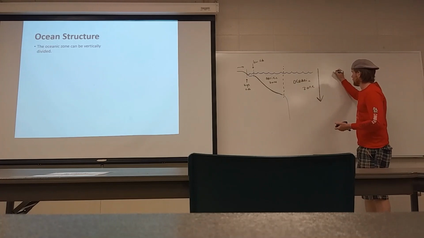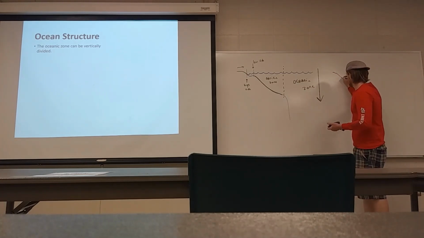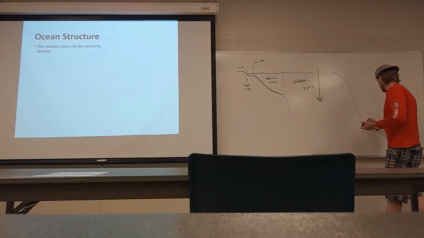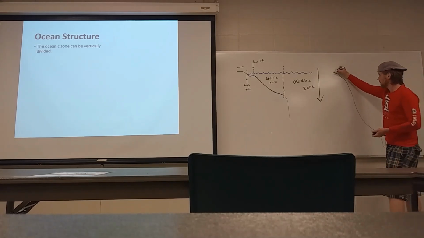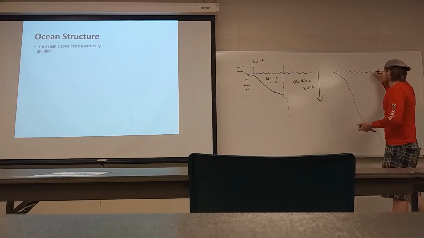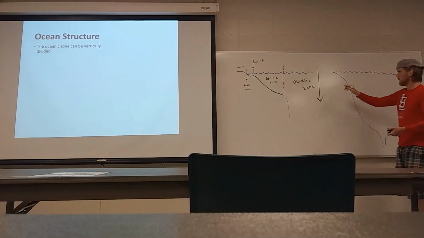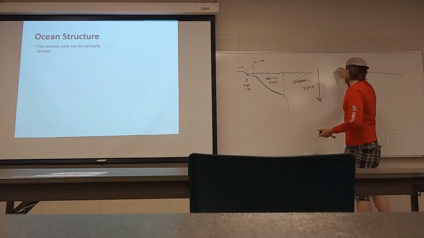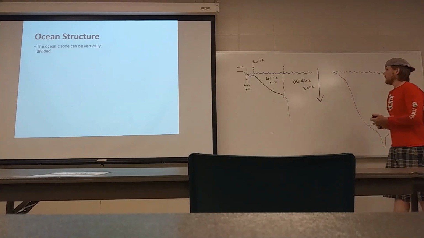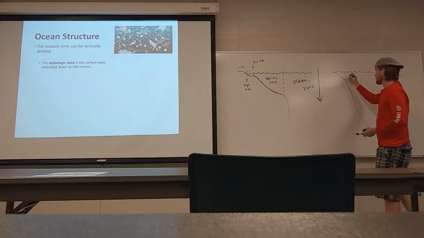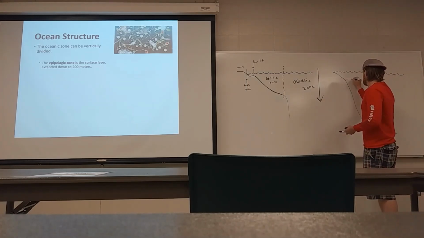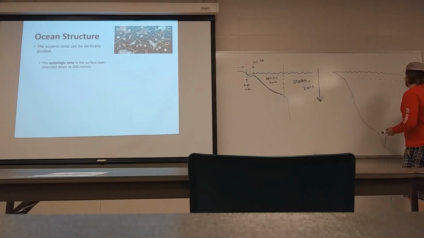I have to do another drawing. So I've magnified things a bit. This right here is just this part. So starting at the surface, the epipelagic zone, 0 to 200 meters. So 0 meters at the surface, 200 meters here.